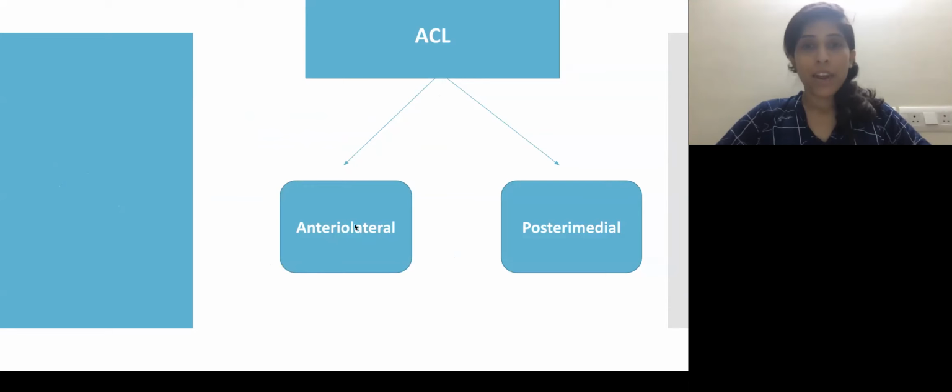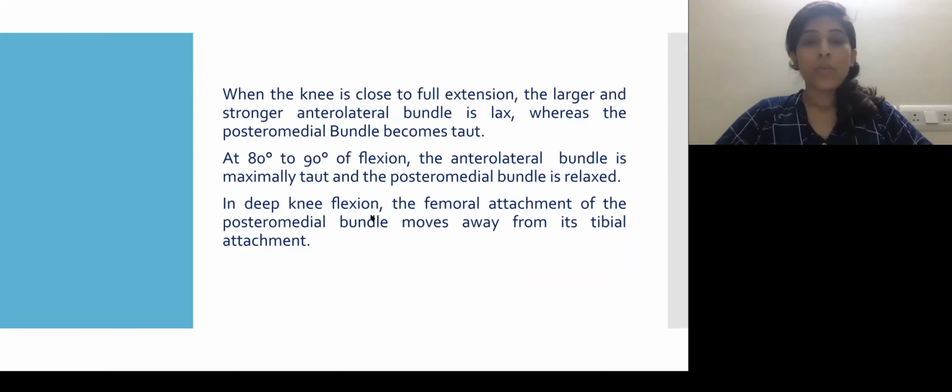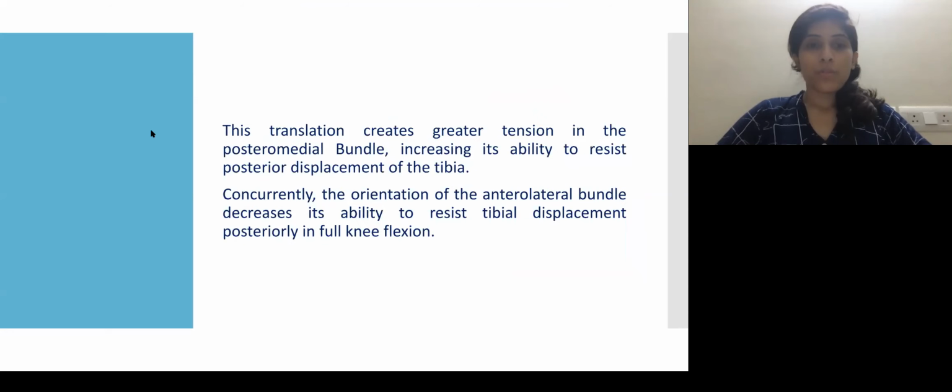So anterior lateral, posterior medial fibers. Okay. So when the knee is in closed full extension, the larger and shorter anterior lateral bundle is lax. So most of the burden will come on the posterior medial bundle.